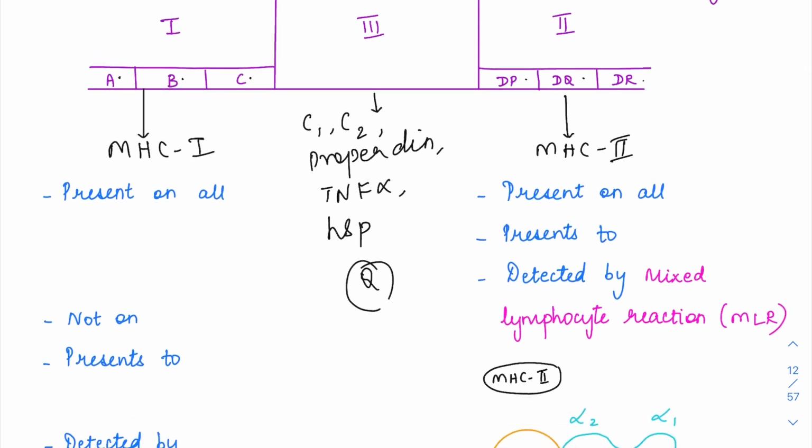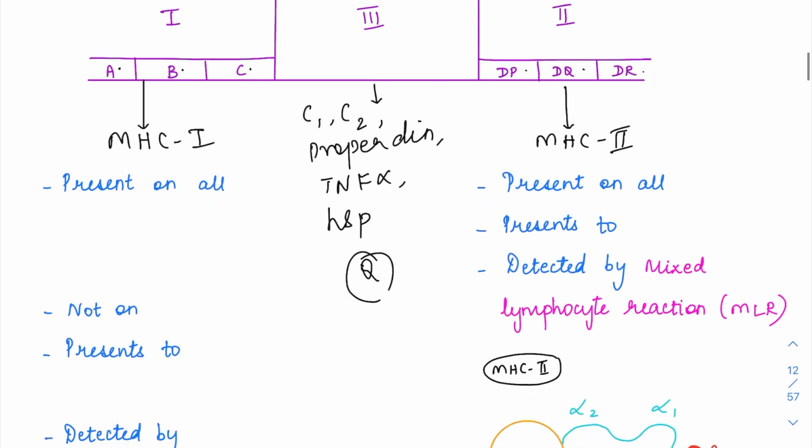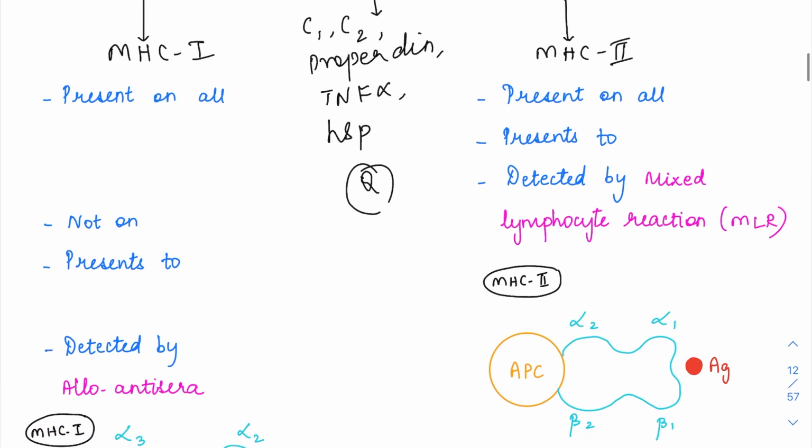So various complement related proteins along with TNF alpha and HSP are produced by HLA component 3, which is MHC3 basically.